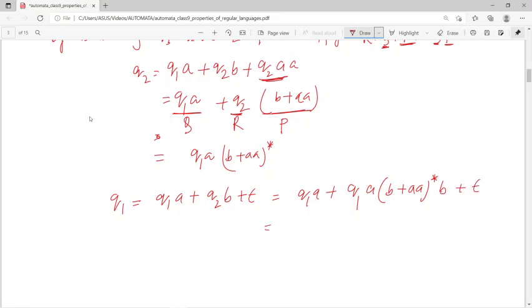If we take Q1 as common, a plus a b plus aa star b, plus epsilon, so you will get the value of Q1 written by these expressions, epsilon times (a plus a b a star b) whole star, because that is Q, and that is P, and that is R.